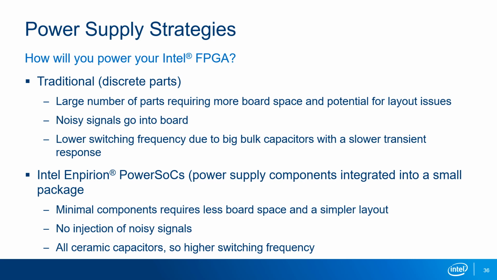By greatly reducing the part count, the supply requires less board space and has a simpler layout. No more internal noisy signals can get injected into the board. Because the Intel Enpirion Power SoC devices switch at a higher frequency, you can use much smaller all-ceramic caps.